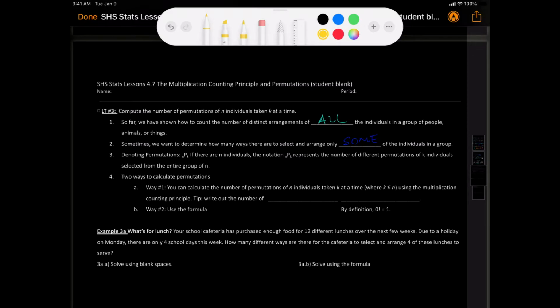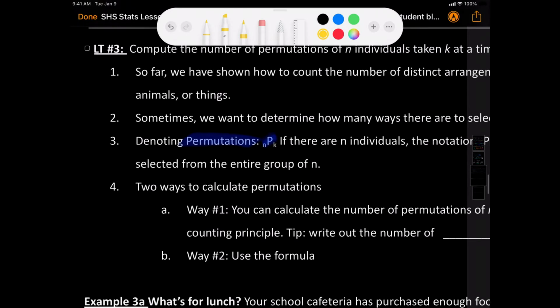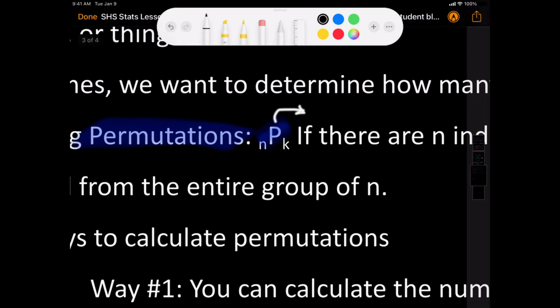Okay, let's go here. Denoting permutations. Permutations, the letter P is right here. Let's just write it out, be super obvious. P means permutations.